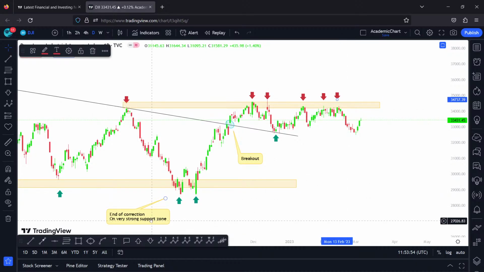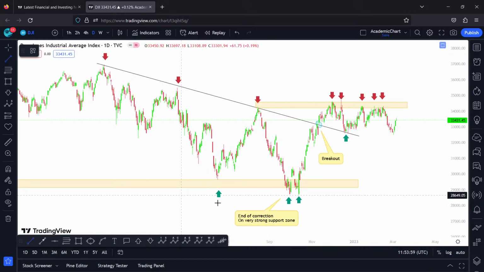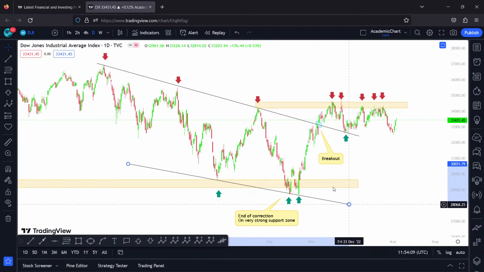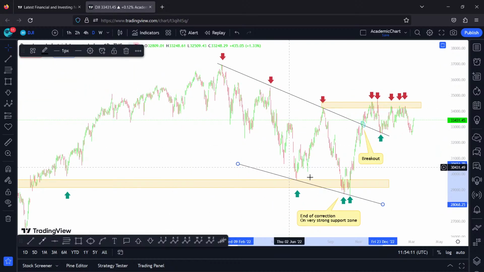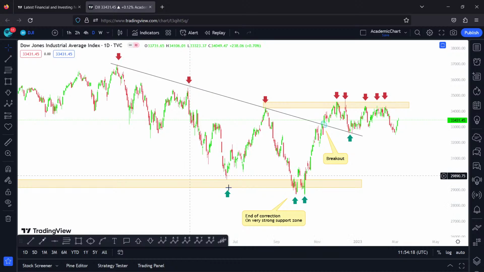So after the end of this correction, I can convince you more that it seems that we have some sort of not very obvious falling wedge. I really don't want to call it a falling wedge, but we had this end of correction on a very strong support zone, double bottom, reversal, breakout, and here retest.